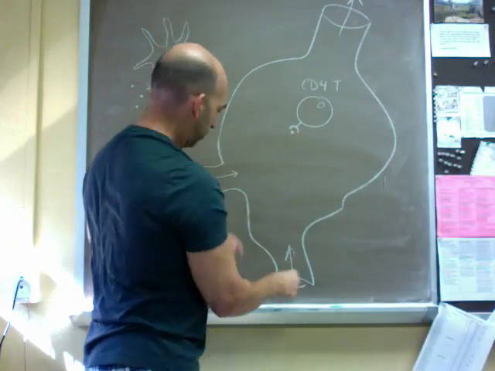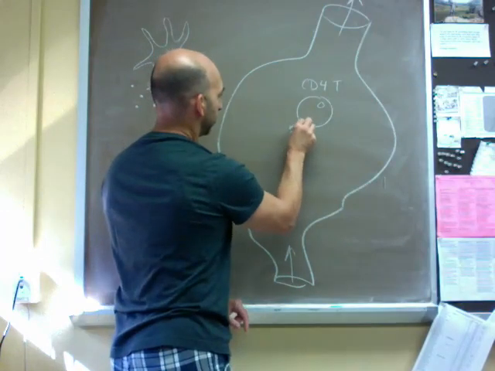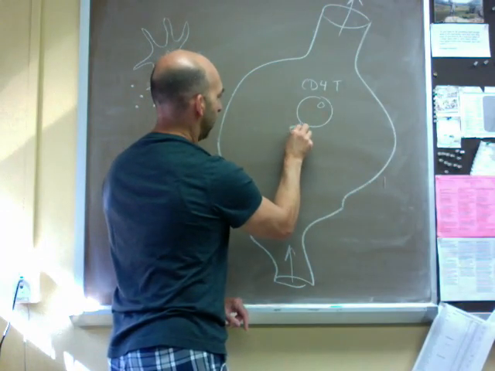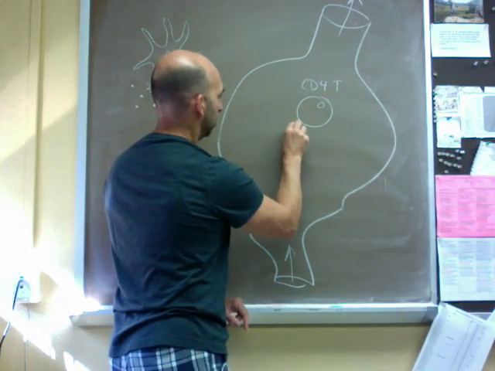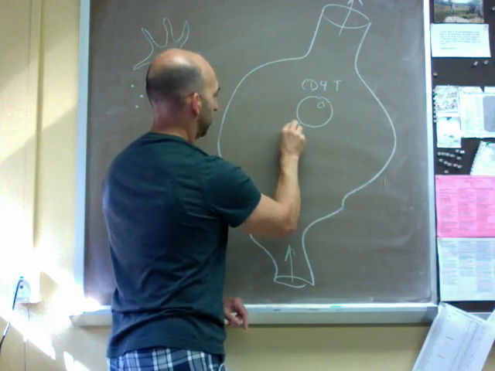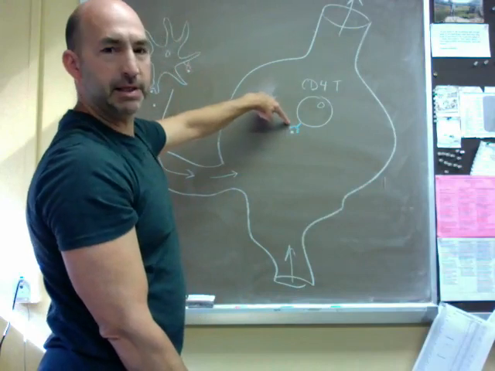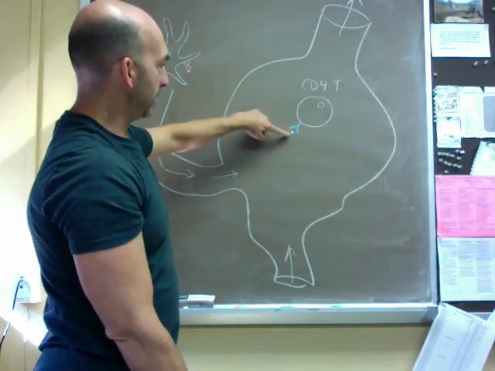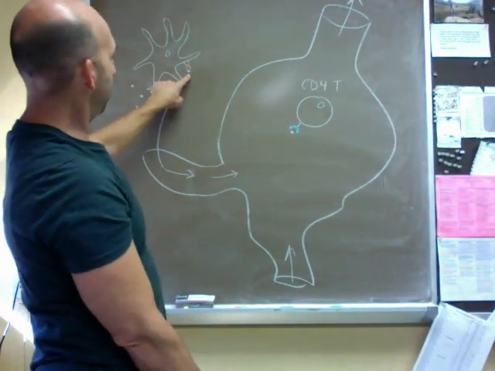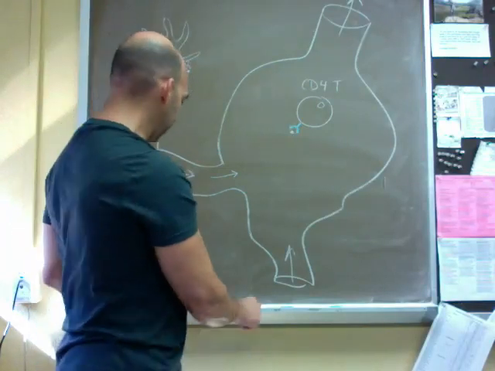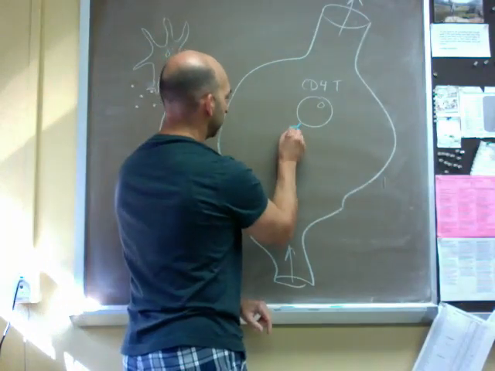So this structure, I'm going to make it blue here. This structure is that highly variable region during production of the T cell populations, known as the T cell receptor. Right? So that's the guy that's specific for the antigen. But remember, the MHC has already grabbed it. Right? So we got to put our MHC over here.